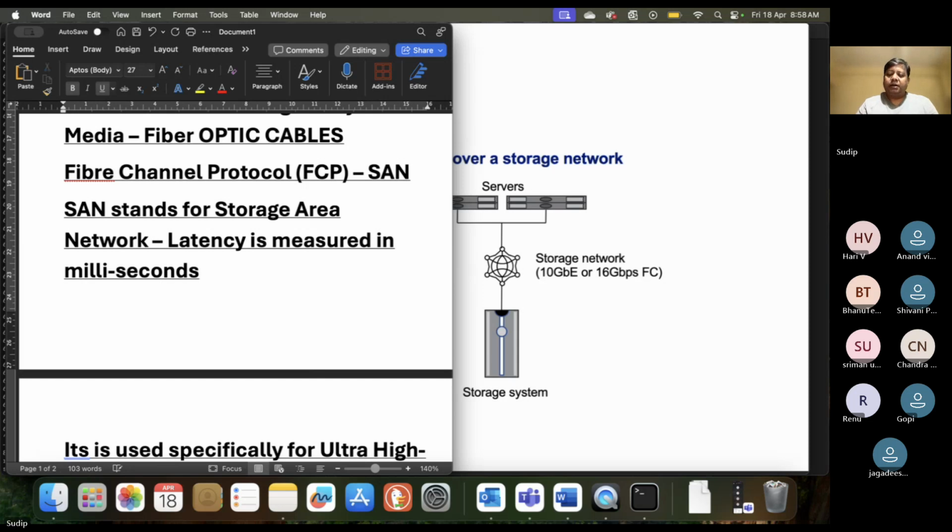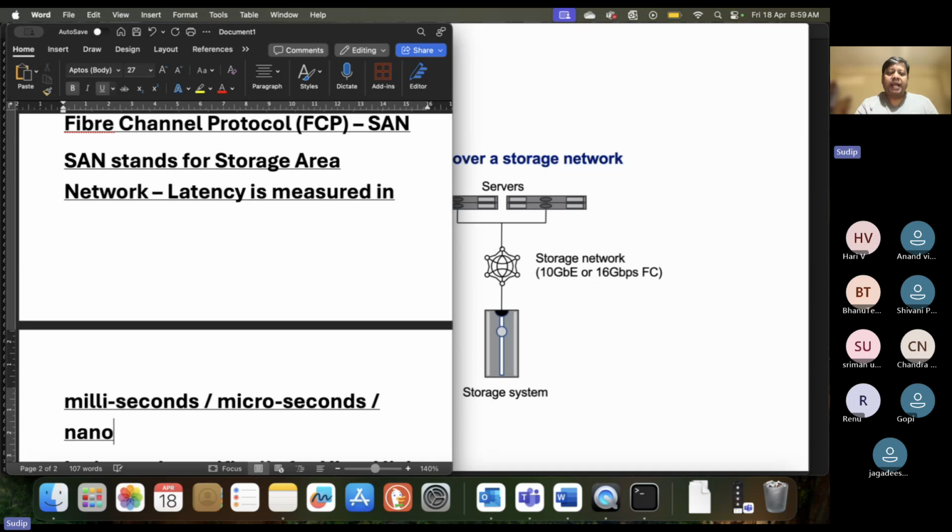Further, in high speed networks it starts getting measured in microseconds, and in supercomputers it starts getting measured in nanoseconds and picoseconds. So that's how fast it needs to be.